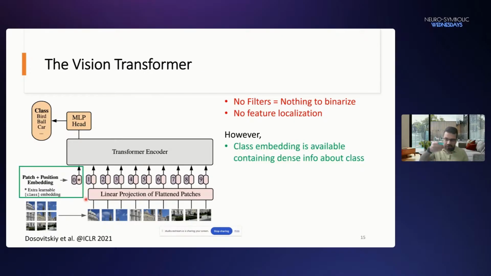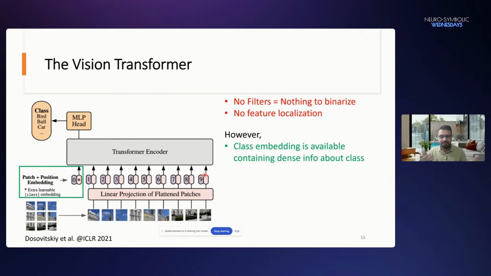And just to give you a brief recap of how a vision transformer works, this is the vision transformer architecture. A vision transformer will take an image, slice it up into various patches, and pass those through the input layer. There's this extra class embedding vector that, as it propagates through the vision transformer, aggregates all the information from every single vector that is necessary to classify that image.